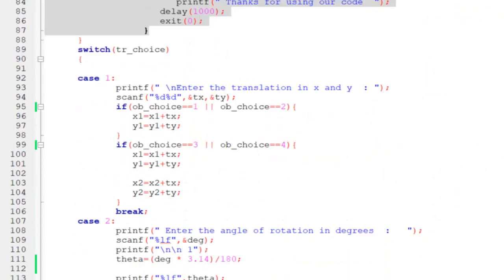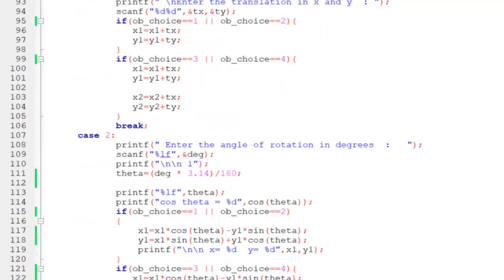Last time in class I took degree as an integer, but it may give problems, because it would be integer multiplication and it may truncate your points. So it is better to keep degree as a float or double, so that it can take floating point values.